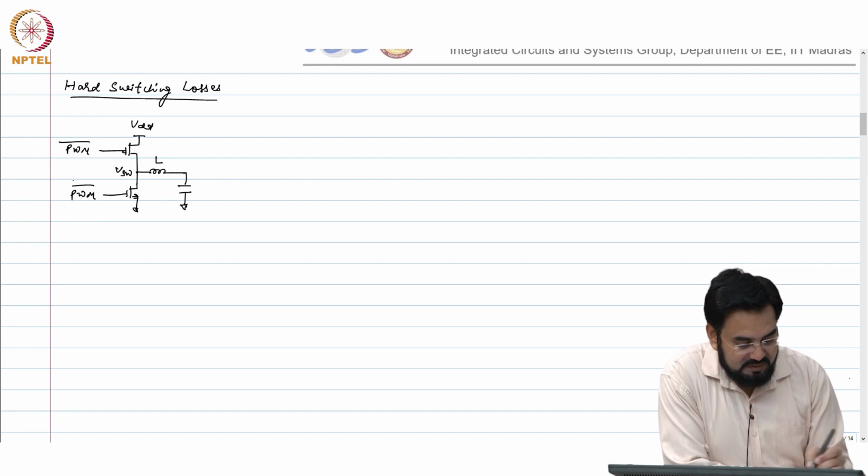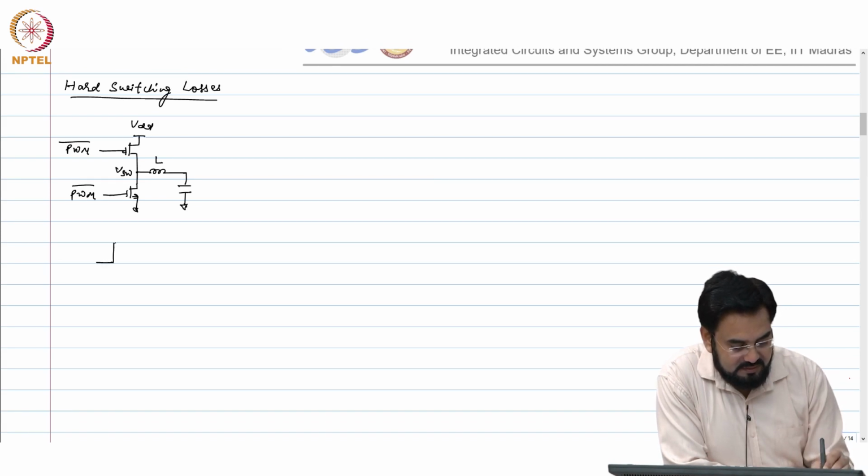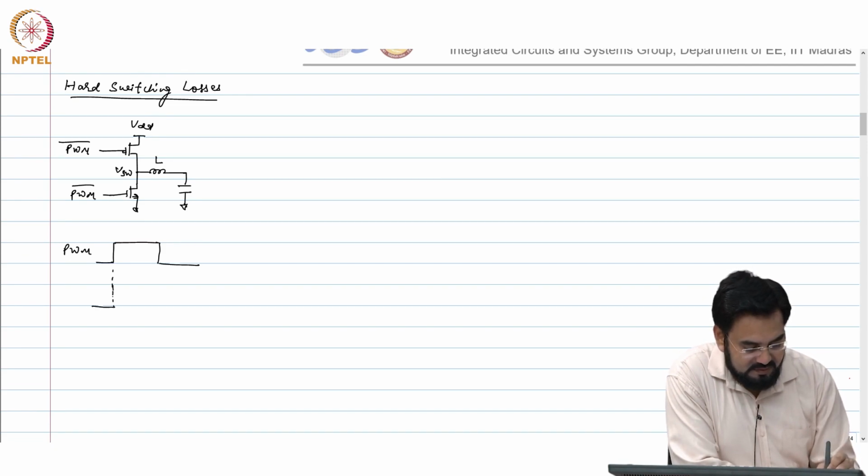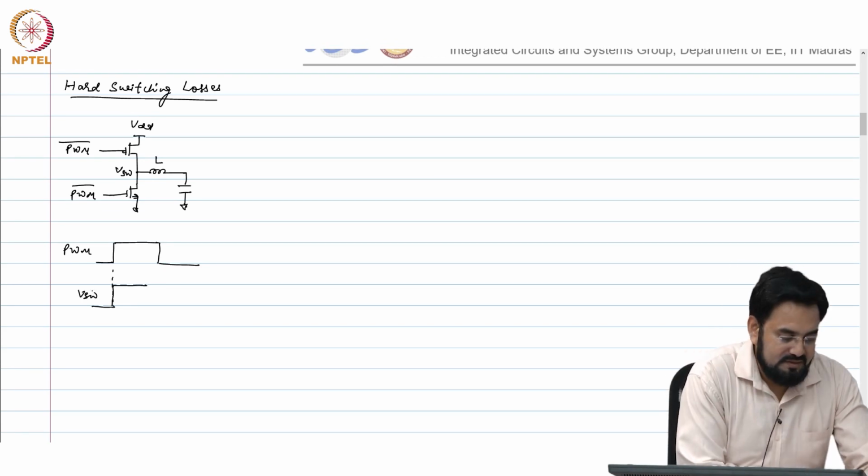So, when PWM is high, your VSW is going to be high, correct?